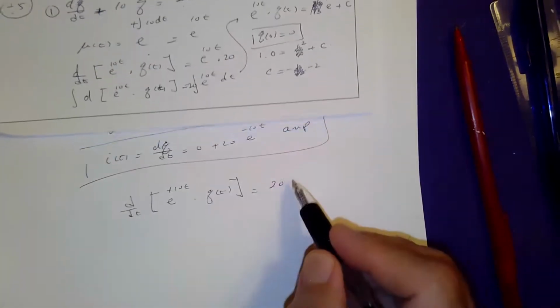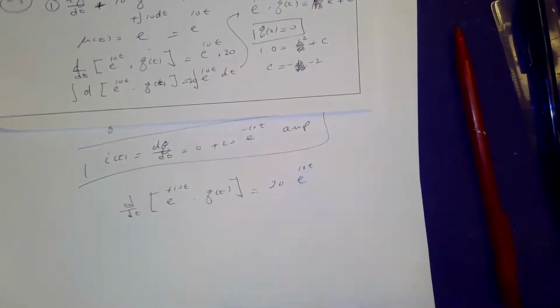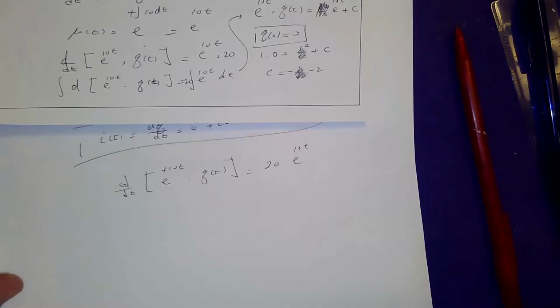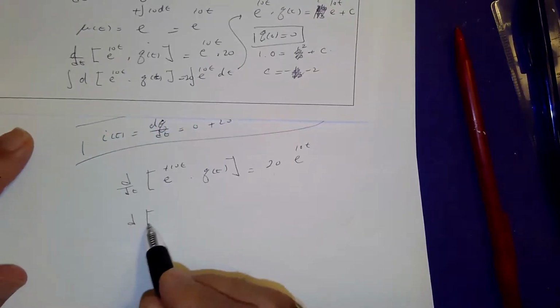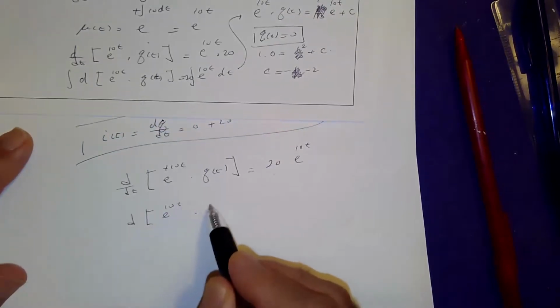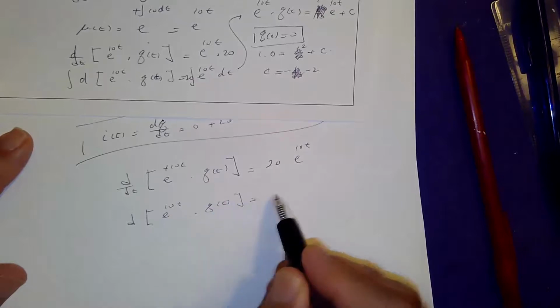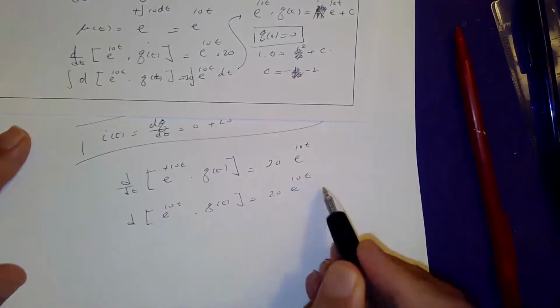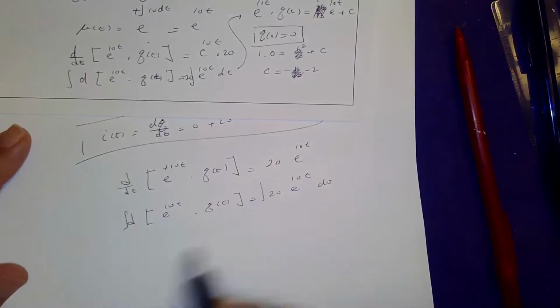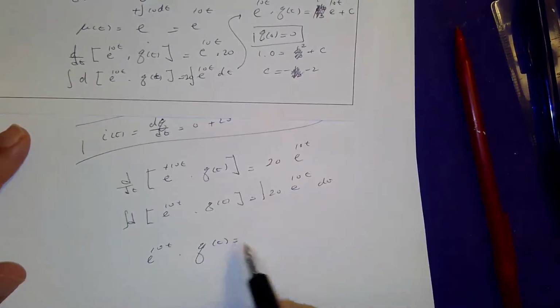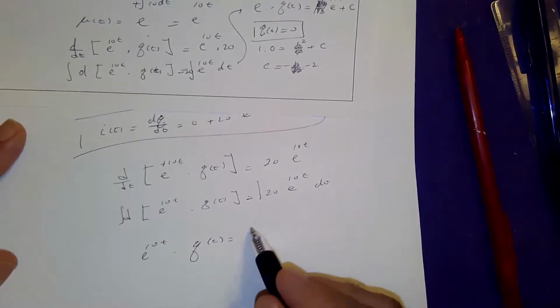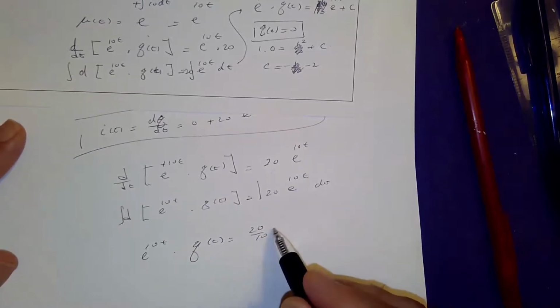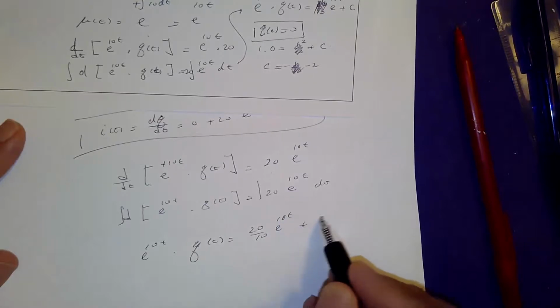I dropped it. That's why the answer didn't come up right. So check this out. Multiply both sides by dt, correct? And integrate. Left side is e to the 10t q of t equals, here the answer is 20 over 10 e to the 10t plus c.